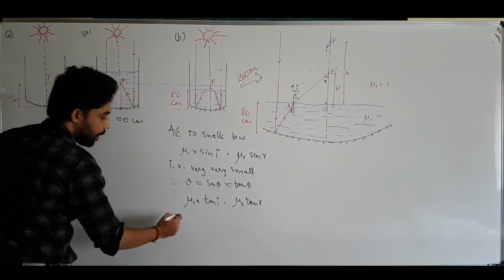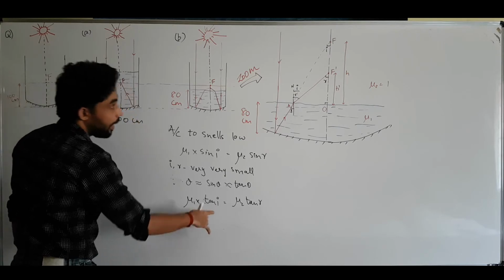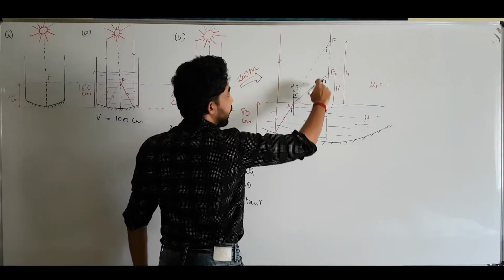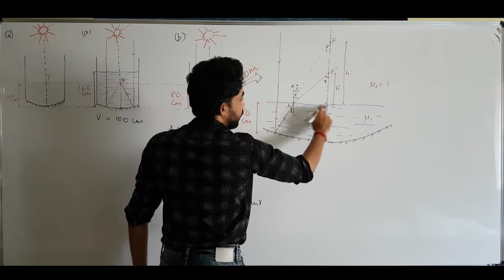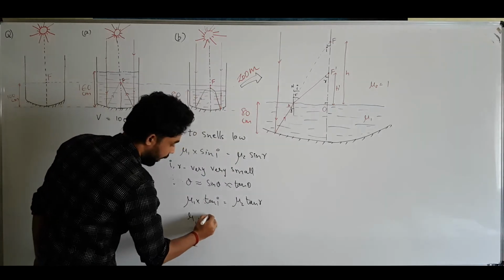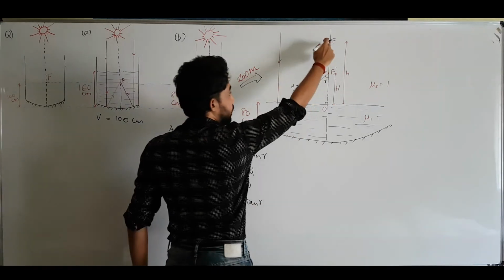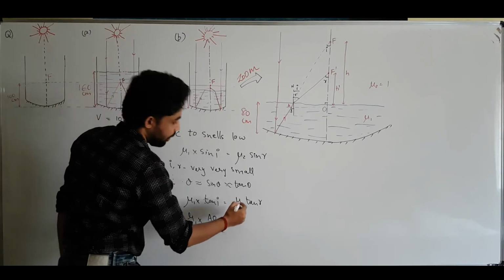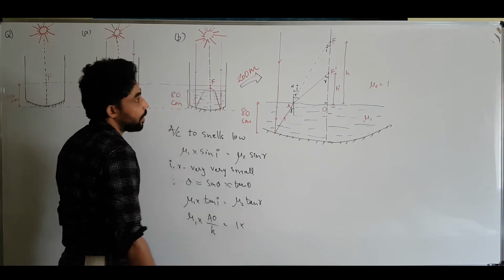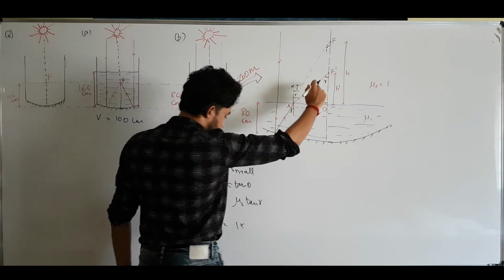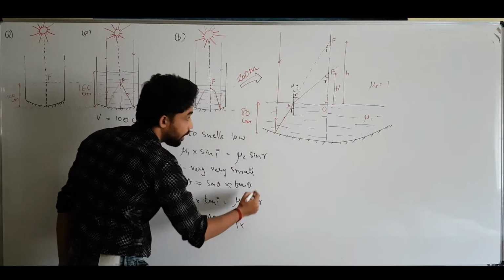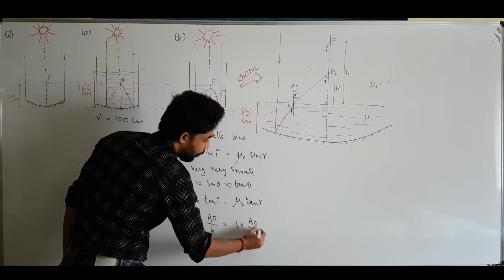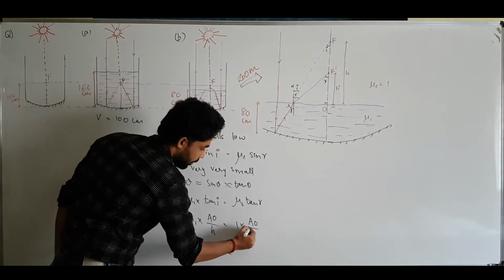So now I have mu1 times tan I. I can write tan I as, in this figure, opposite AO divided by this distance, that is h dash, and here mu2 is 1, refractive index of air is 1, and in this triangle tan R is opposite, that is AO, divided by the height, which is h.